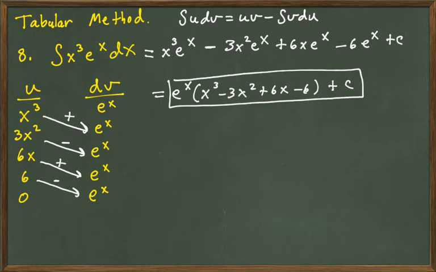I will show you another example where the tabular method can be used with something where you don't have one of the functions that goes to 0 after repeated derivatives. We'll look at a problem that we looked at earlier, and that was the integral of e to the negative 2x cosine of 5x dx.